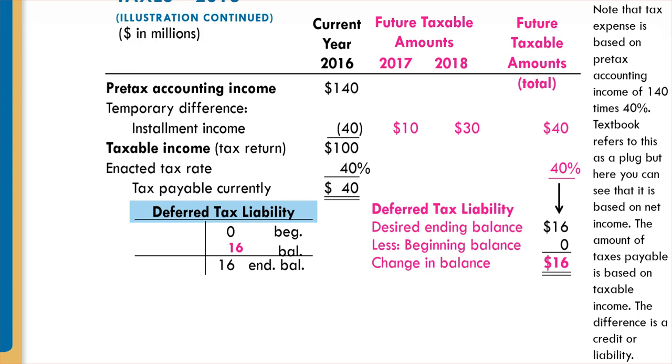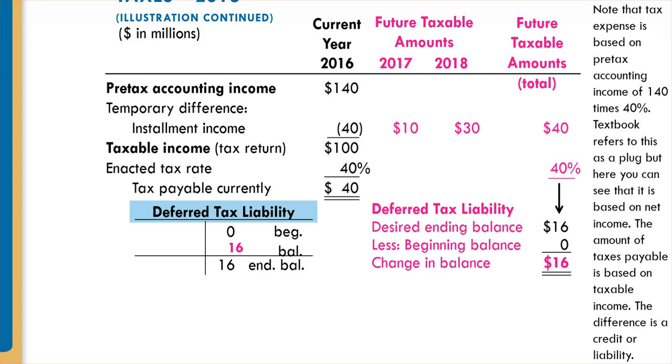Sometimes people look at this a little bit differently, and they talk about basis and tax basis and financial basis. And okay, that's fine if you want to do that sort of approach. You could say that we had a receivable at the end of 2016 and that the receivable got paid off in 2017 and 2018.